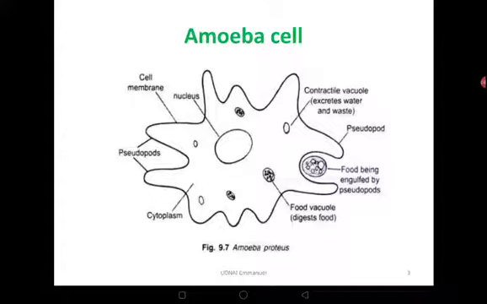And then the contractile vacuole, that one plays a role in osmoregulation. And then we have the nucleus, which controls activities of the cell. And then the cell membrane, of course, allows movement in and out of the cells. And the cytoplasm, where most of the cell reactions take place. So that is the structure, the basic structure of amoeba.